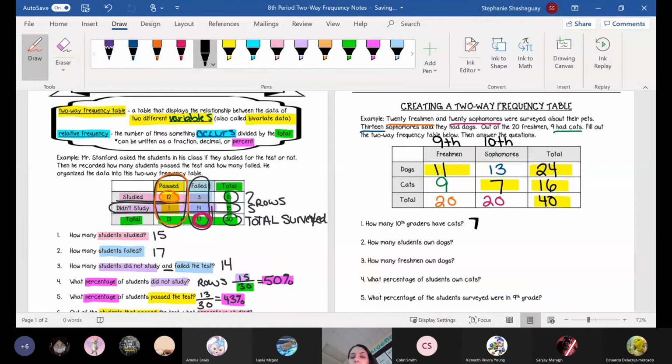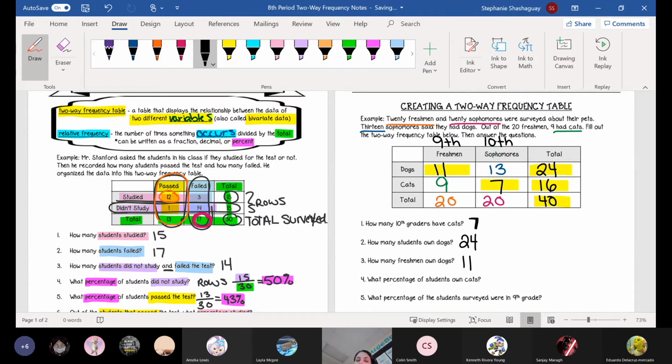So 7 10th graders have cats. How many students own dogs? 24. How many freshmen own dogs? 11.